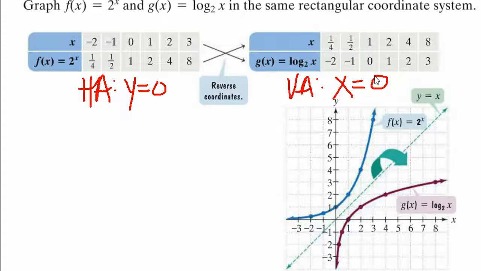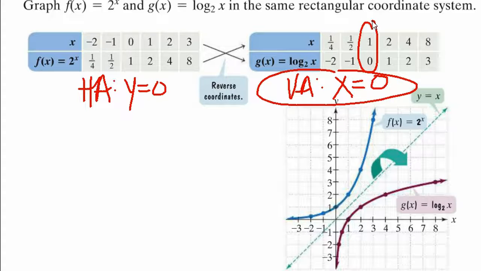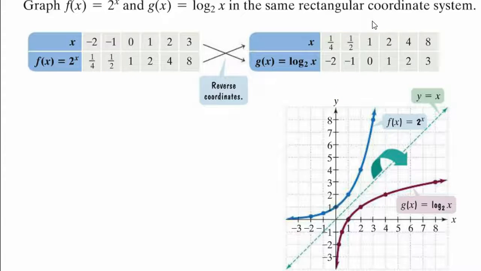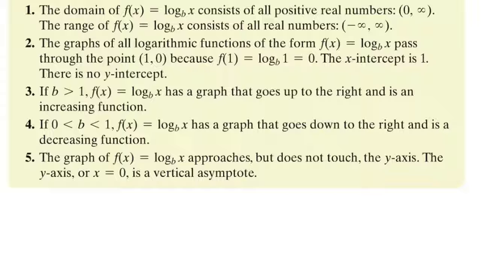All right. Now, one of the key things to recognize is a vertical asymptote of 0 and that the input of 1 gets a 0. Those are really key points to recognize. So, characteristics of logarithmic functions.